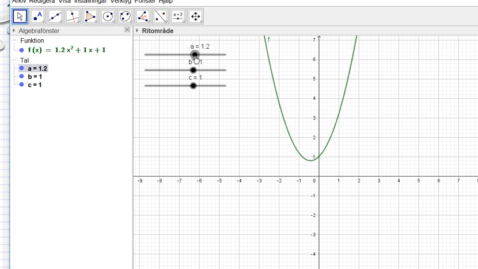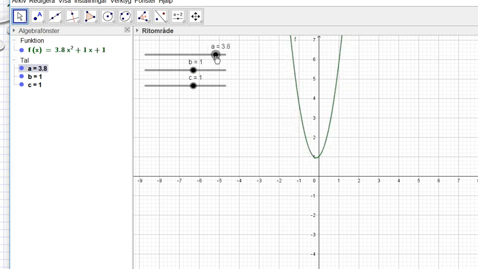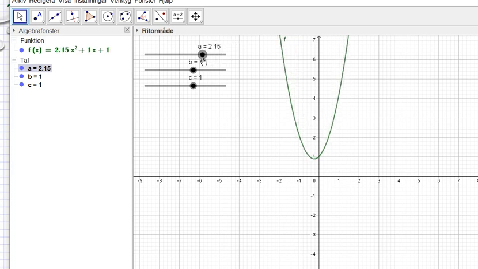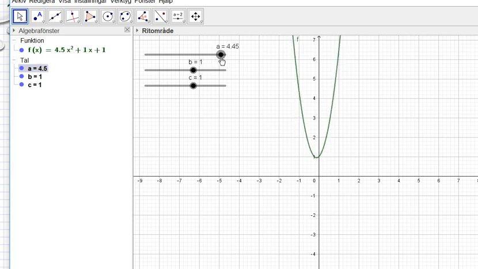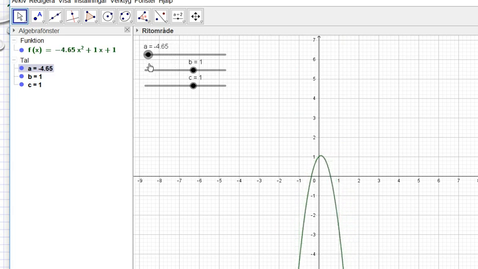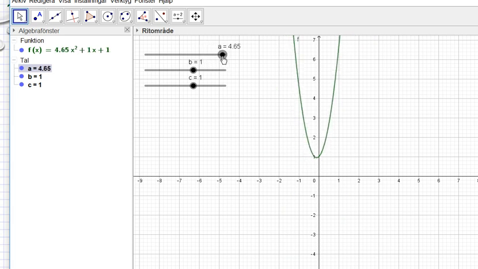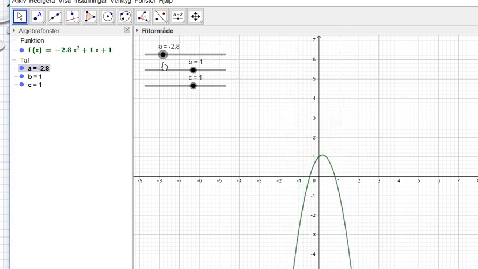So if I change the value of a, as you can see here, when it's a big number, it's not necessary that it's positive or negative, your graph will become narrower here.